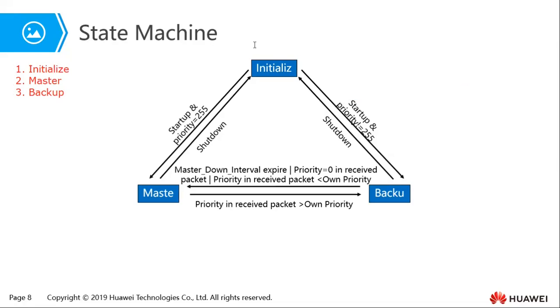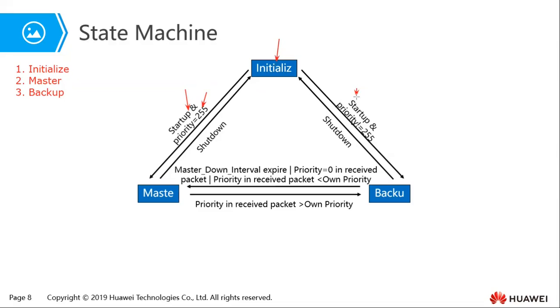When you talk of initialize, this is the initial state before we establish VRRP sessions. When we establish VRRP sessions, we are going to send what we call a control packet, something like an advertisement packet in OSPF. In that packet, you're also going to share your priority with the other routers in the network.